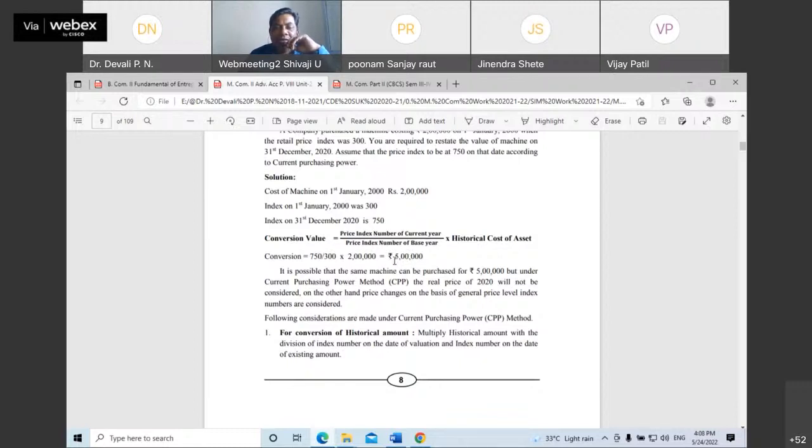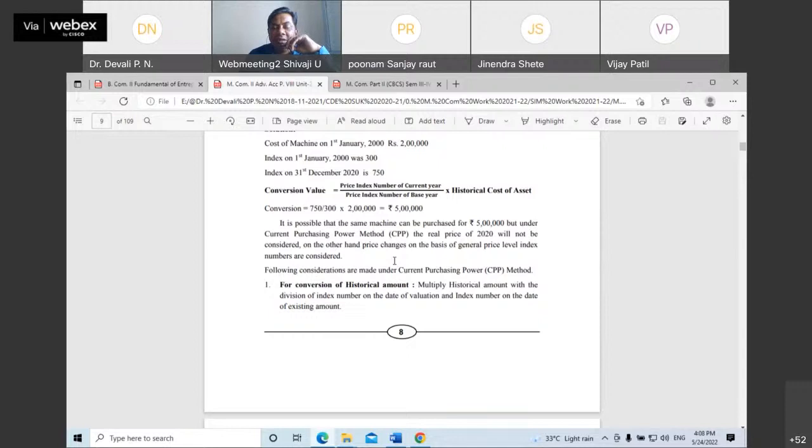So this is nothing but a change in the value. This is called the inflation value, or conversion value, of the particular asset. So it is possible to get this for a number of machines, machine costs, or number of items related to our financial statements. There is a converted value under the method of CPP, that is, the current purchasing power method.